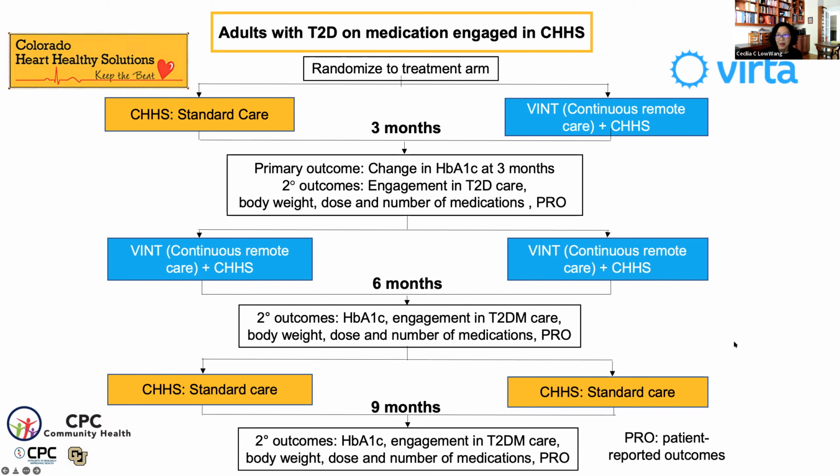What we're really hoping is to finish this trial in the next several months and see what ended up happening, because this will tell us a lot about the dose of Virta, and also Virta added on to an established community health worker program, how this is working in rural Colorado, what adjustments we need to make, and some things we need to focus on to help people get to their health goals.